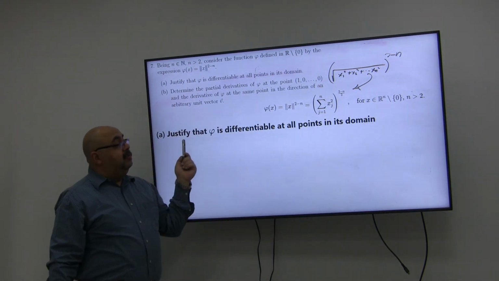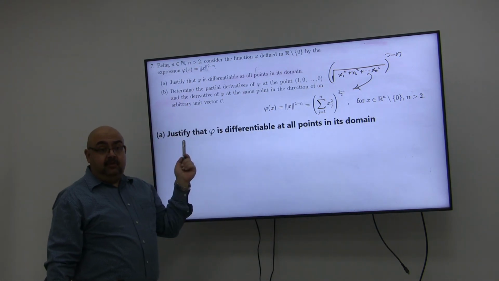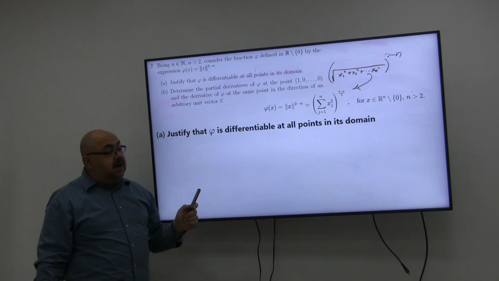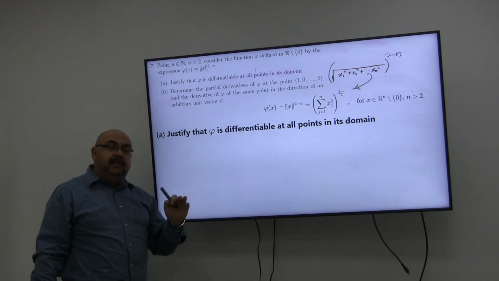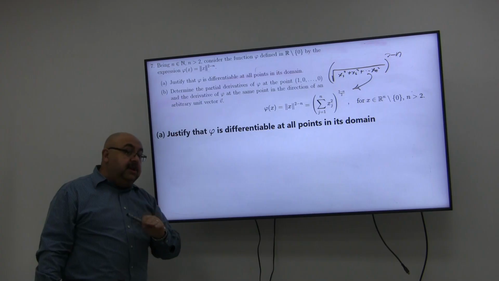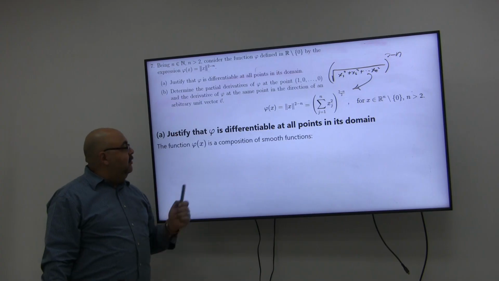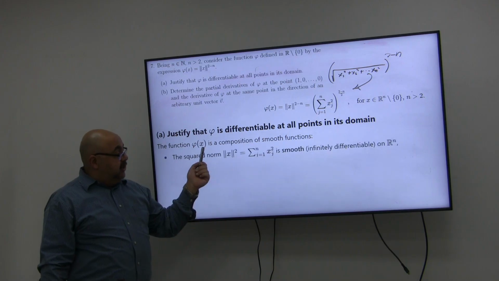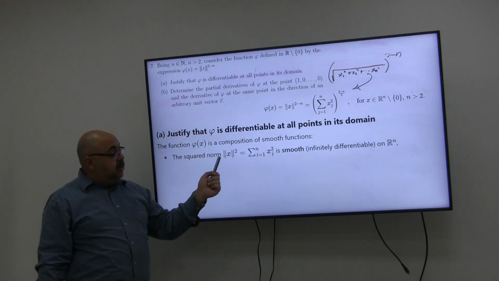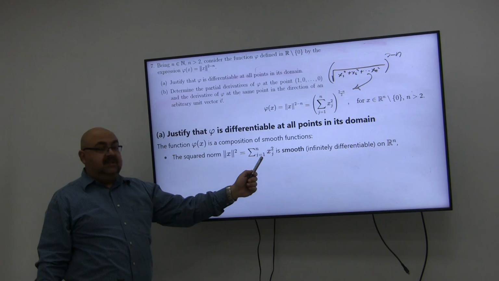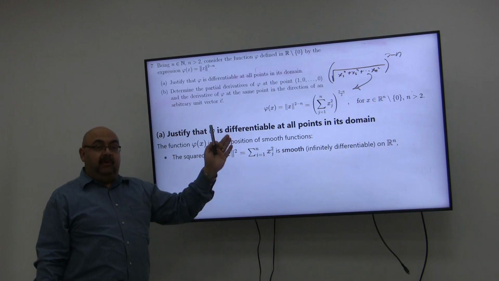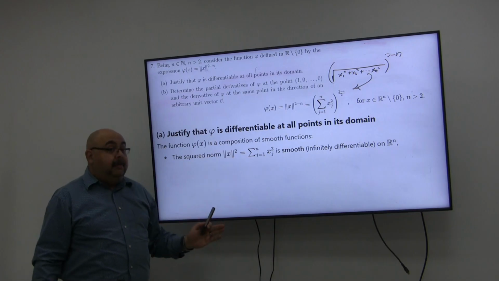Now, if I want to find the differentiability, all I have to do is differentiate this function, and it will be differentiable since we excluded 0 from our domain. This is a smooth function, the sum of squares: x1 to the power of 2, x2 to the power of 2, x3 to the power of 2. You have no problem with it.